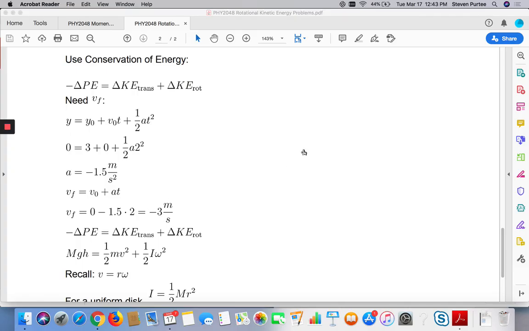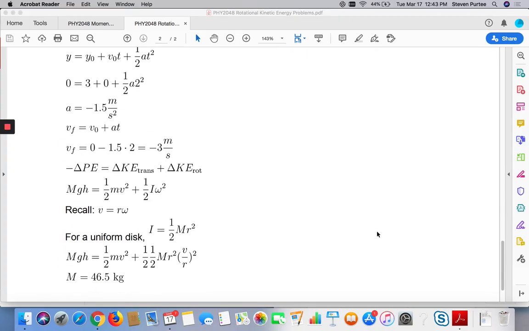It's a negative velocity because the mass is dropping. Now we just use conservation of energy. Mgh will all get converted into the translational kinetic energy of the mass dropping plus the rotational kinetic energy of the disk spinning around.